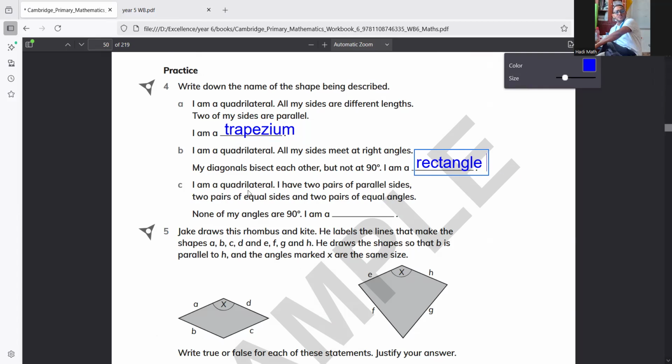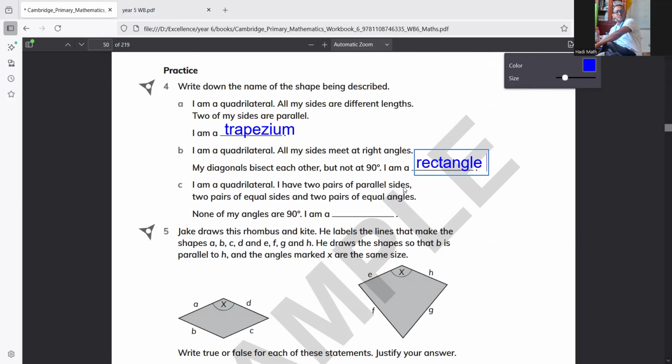C says I'm a quadrilateral. This means I have four sides. I have two pairs of parallel sides. That gives us a rectangle, a square, a parallelogram and a rhombus.